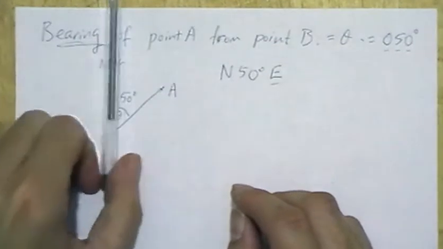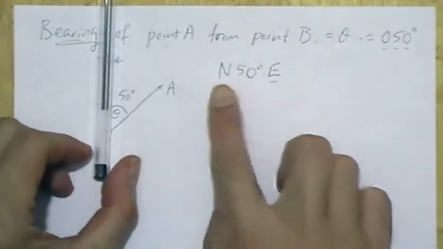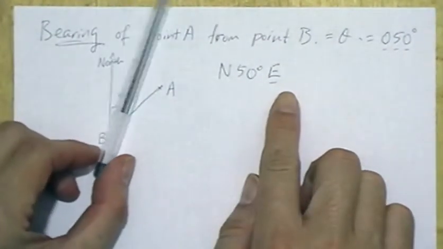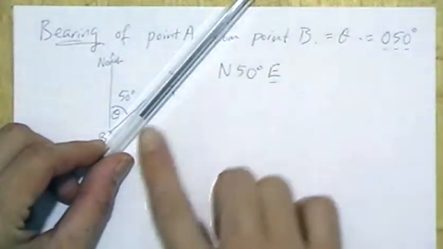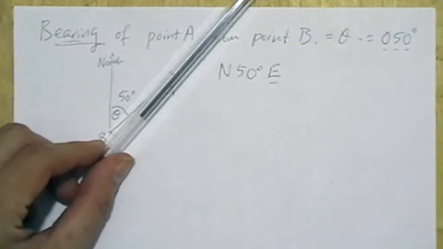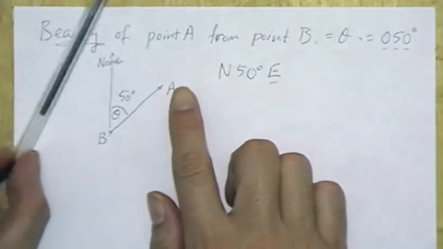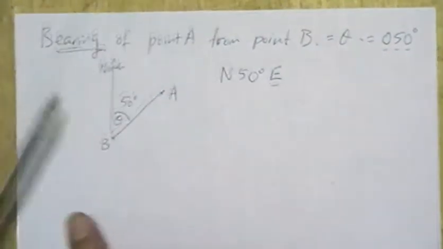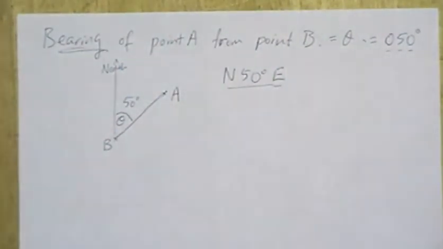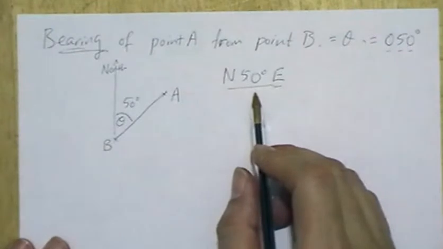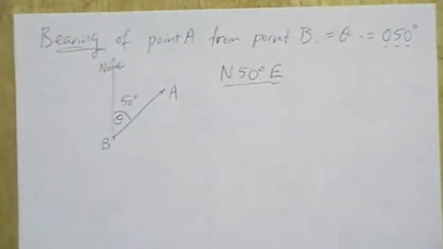So you have a line pointing to the north, you rotate towards the east by 50 degrees, and that gives us the new direction, the direction of the bearing of A from B. So this is also another way to write it. We'll look at some more examples afterwards.